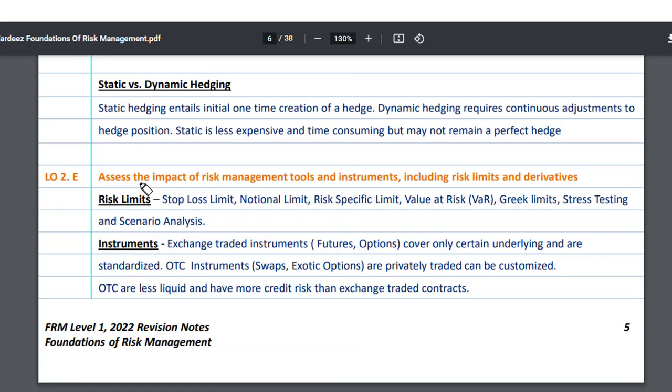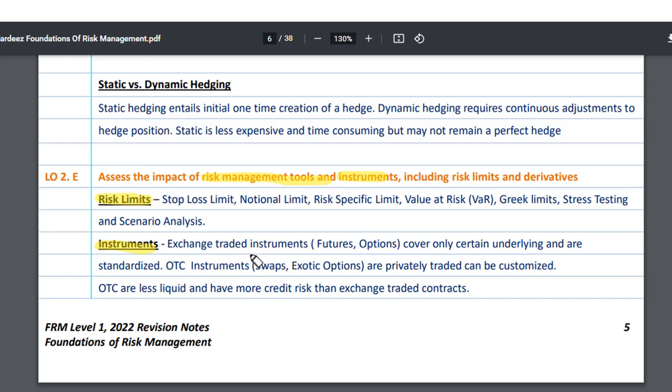And finally, the last learning objective is to assess the impact of risk management tools and instruments, including risk limits and derivatives. Over here we have some risk limits and instruments that the firm can use.